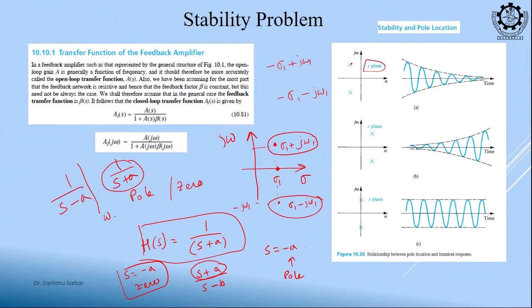So, if the frequency, the omega portion, and sigma both are increasing, in this direction and this direction, and you think of the amplitude, what is happening? It is getting reduced because it is on the left side.